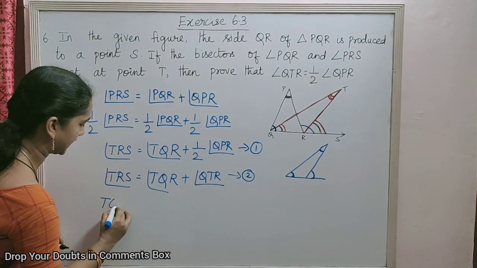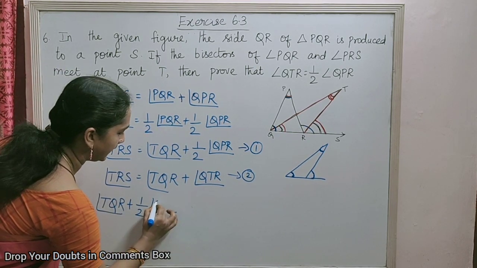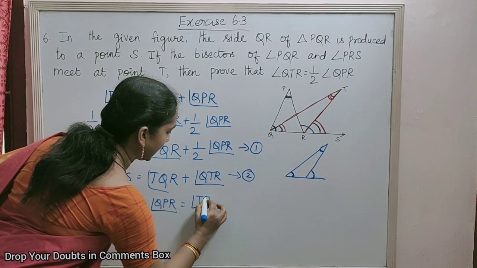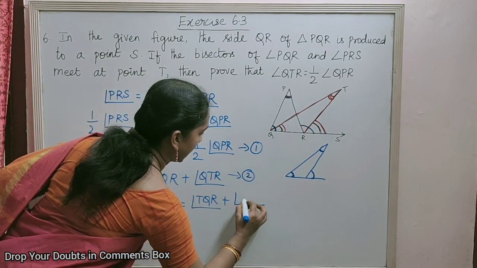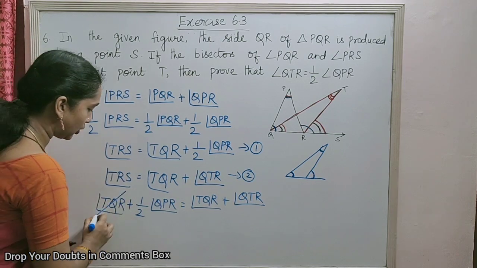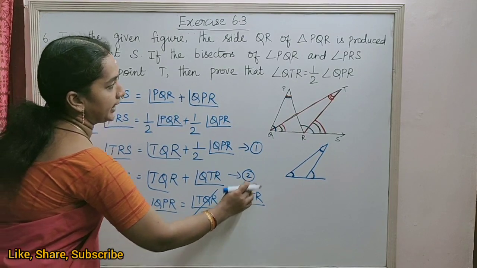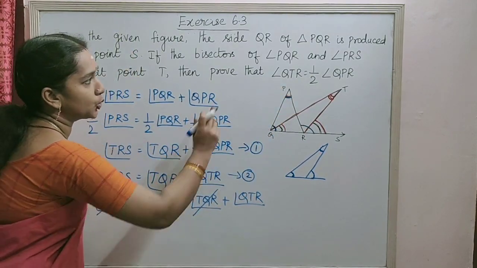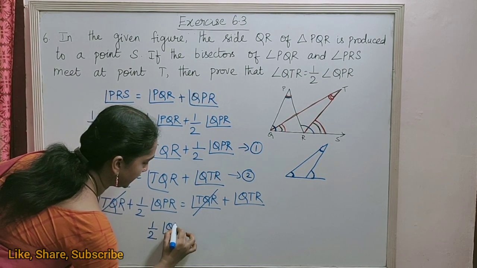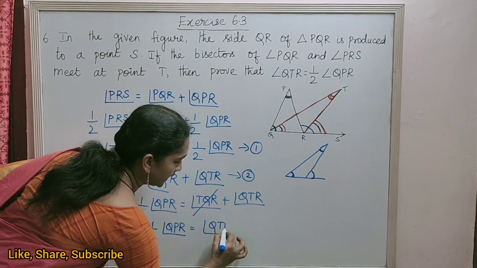When I equate the RHS, TQR plus half of angle QPR is equal to angle TQR plus angle QTR. Here TQR and TQR will get cancelled. So half of QPR is equal to angle QTR.